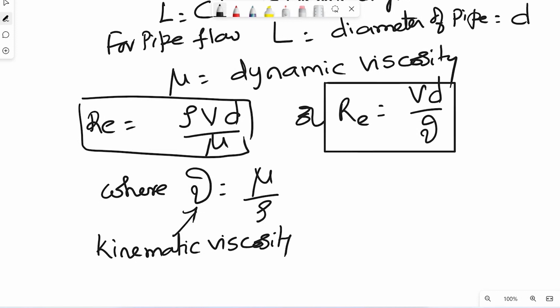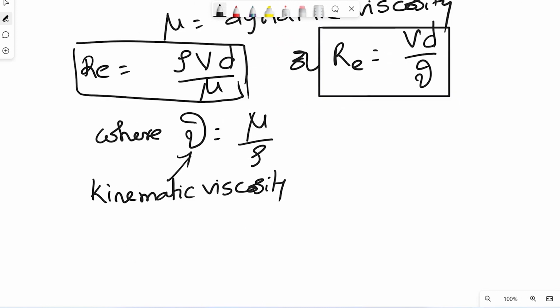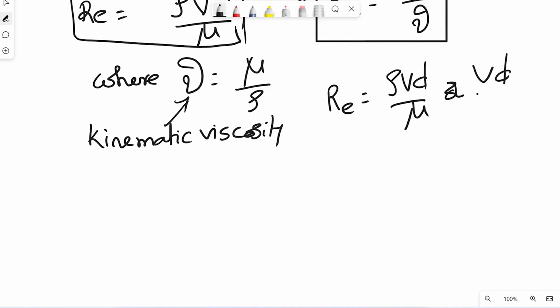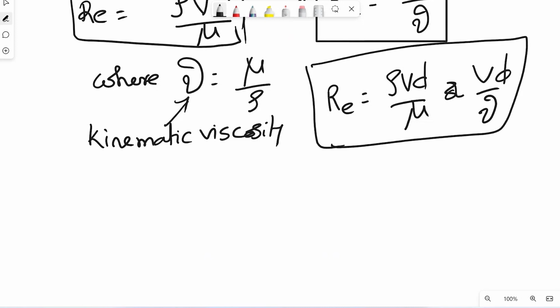So any of these equations you can use for determining the Reynolds number. If you want to determine the Reynolds number in a problem, we can use Re equal to rho V d by mu, or basically V d by nu.